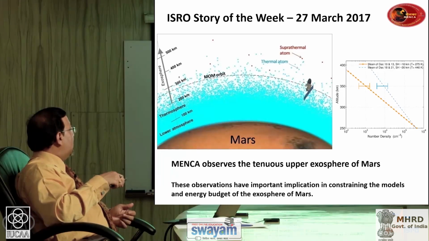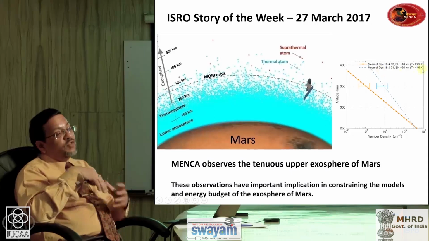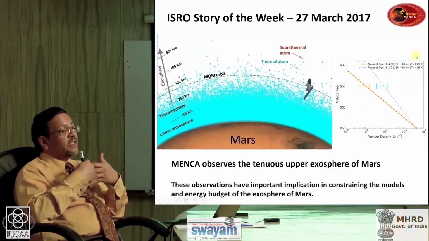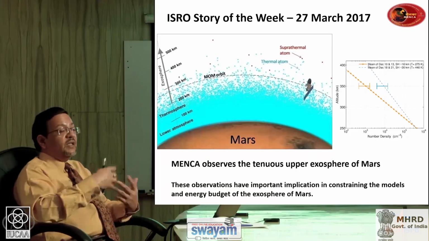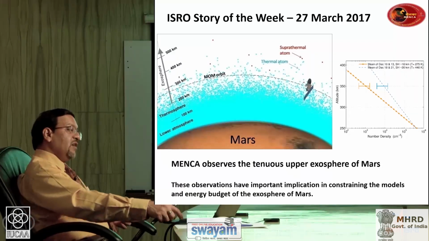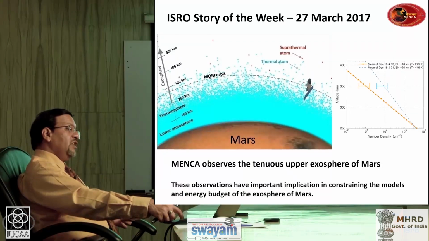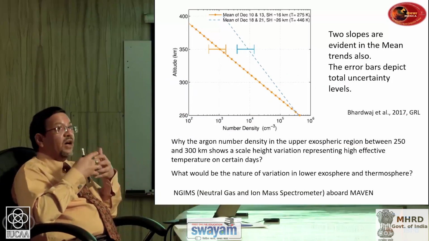This difference is very subtle and it translates to more than 100 kelvins, essentially meaning that you have suprathermal argon present in the exosphere of Mars, which has a temperature about 100 to 150 Kelvin higher than the normal argon.